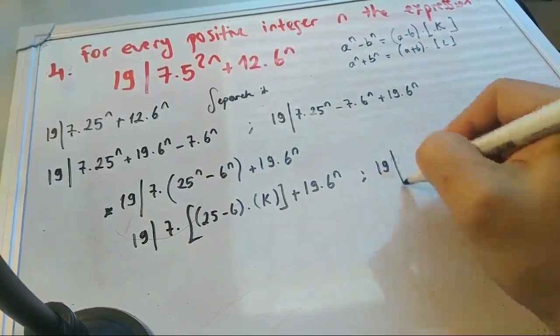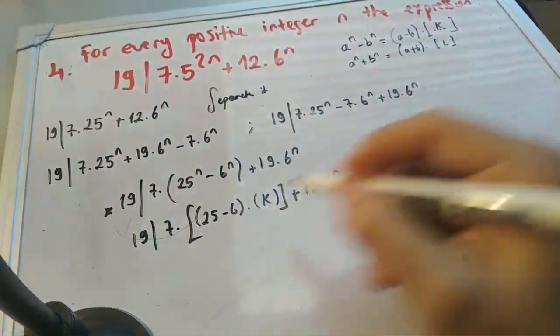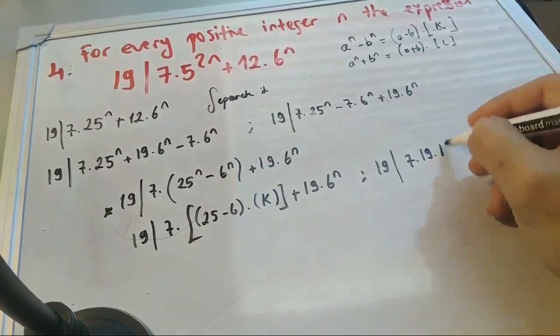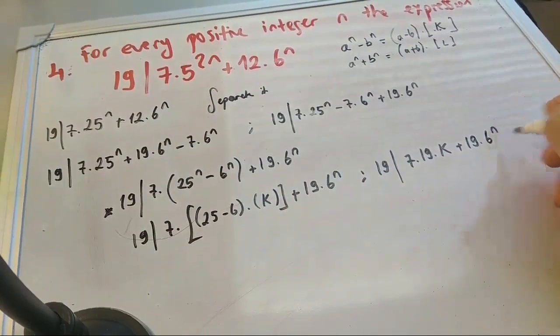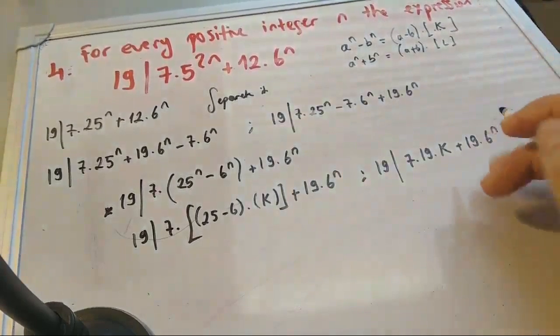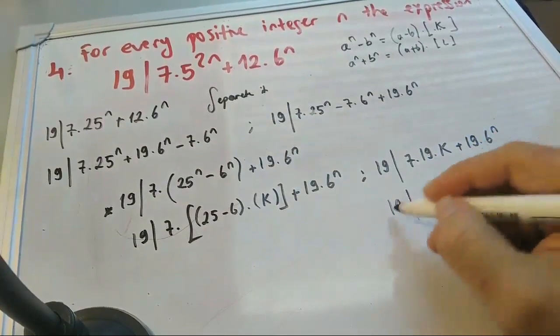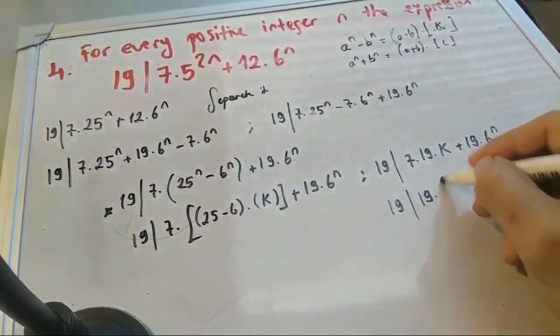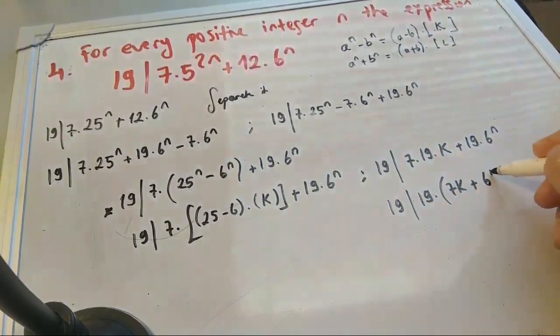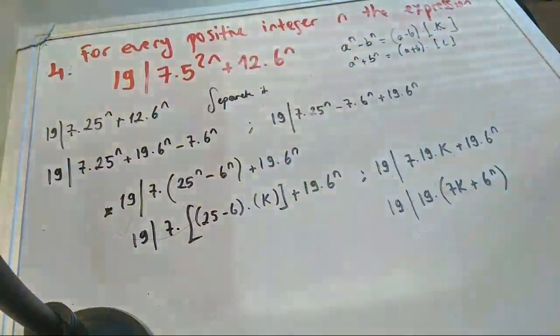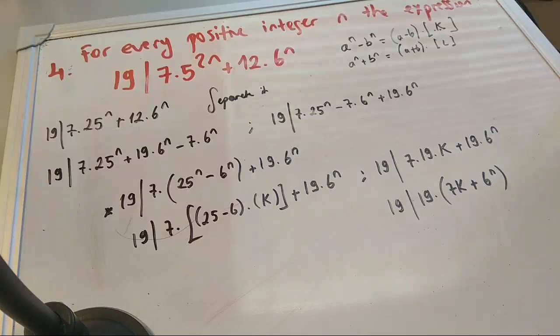And 19 divides 7 times 19 times k plus 19 times 6 to the power of n. Another common factor, what is it? 19. 19 divides 19 times 7k plus 6 to the power of n. So automatically 7 times 5 to the power of 2n plus 12 times 6 to the power of n is divisible by 19 for every positive integer n.